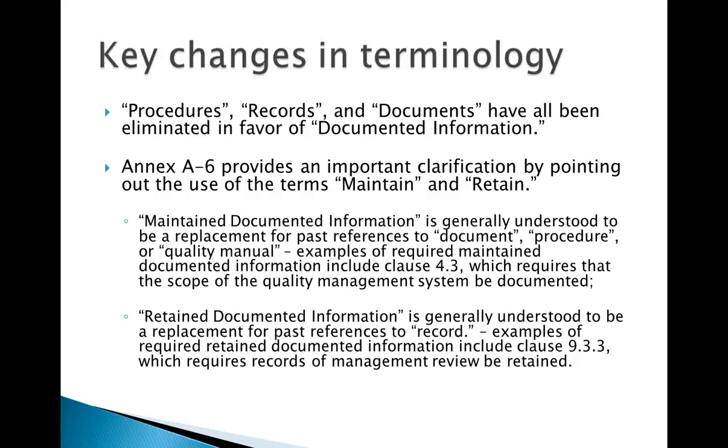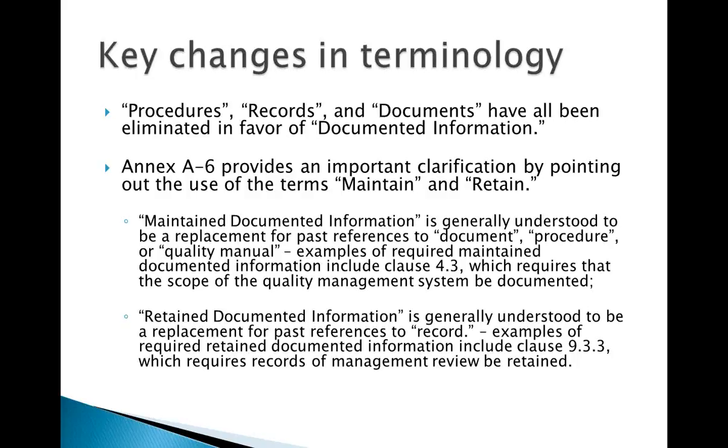Maintained documented information is generally understood to be a replacement for past references to document, procedure, or quality manual. And there's a handful of requirements where it's called out as maintained documented information. These include Section 4.3, which requires that the scope of the system be documented and be, as the standard says, maintained as documented information. Now, retained documented information, that phrase, is generally understood to be a replacement for past references to record.